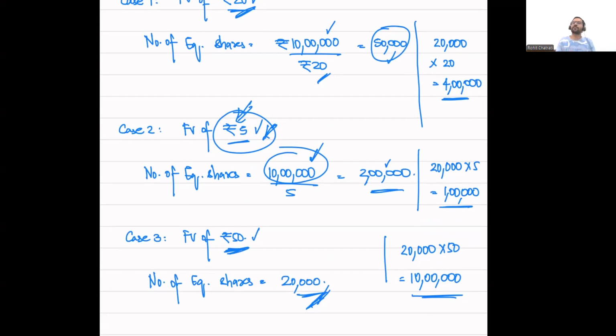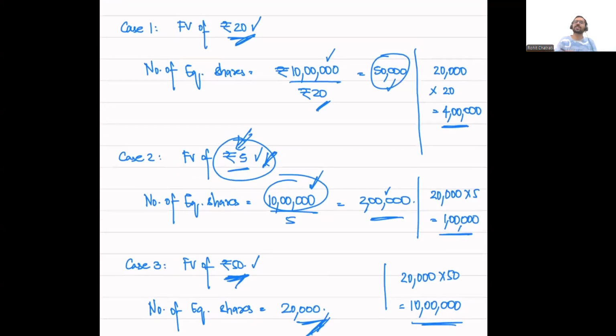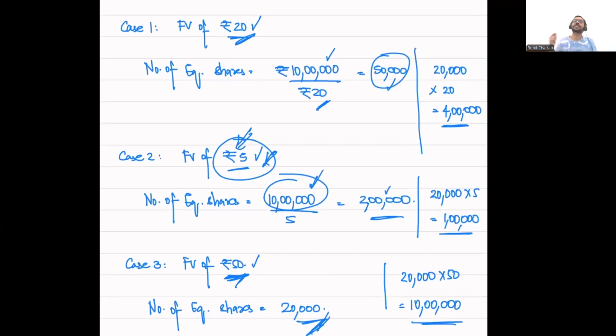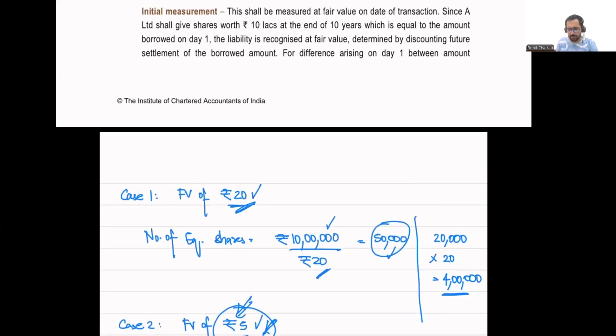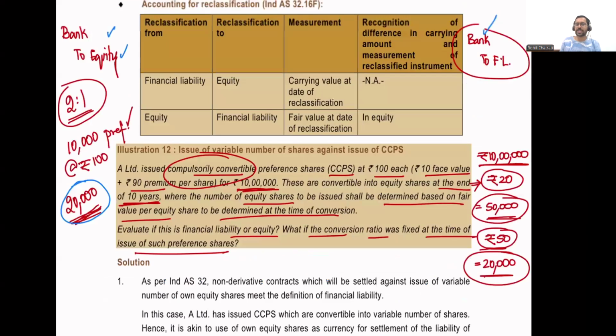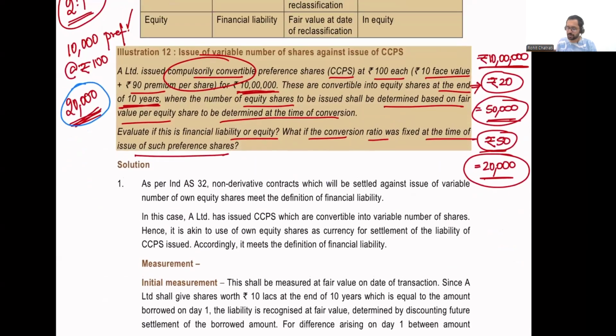All right, let us say if you're issuing notes of rupees 20, you issue 50,000 notes, or where you have 50 rupee note, you're issuing 20,000 equity shares, and therefore you're using equity shares over here as a currency wherein you're increasing or decreasing the number of notes that you have to use to settle, and that will be regarded as a financial liability. All right, that's how the institute answers it as well. With that, we are done with illustration number 12.